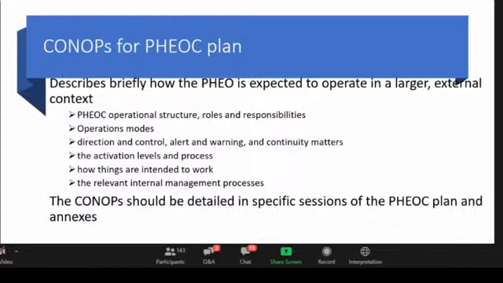Even though all the details will be provided in a plan, in separate sections, it is very important to provide a brief Conops to enable your audience to understand immediately, especially those people coming to the EOC.